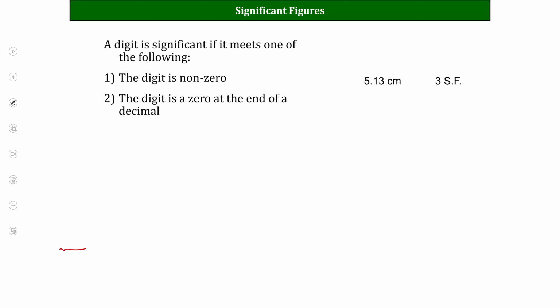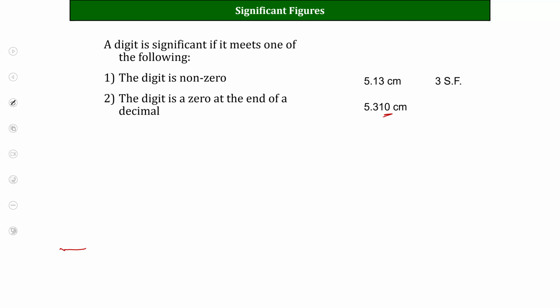If it's a 0 at the end of a decimal, like 5.310, the only reason to write that 0 is if it was measured. We're not writing it there because it's going to affect our calculation, and we're not writing it there because we need it to tell us where the decimal point goes.